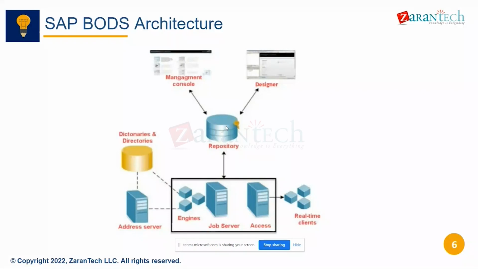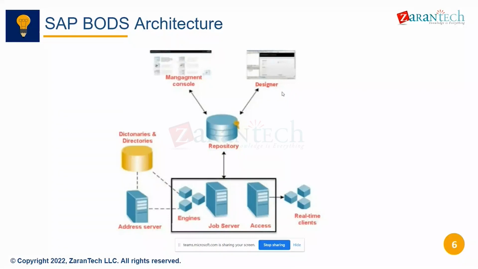Whenever we trigger or run a job while selecting a particular job server, what happens in the backend is that before the job starts execution, it communicates to the repository: my job has started processing, so please give me the details from the database, whatever metadata was stored there, so that I can process the data from one system to another.